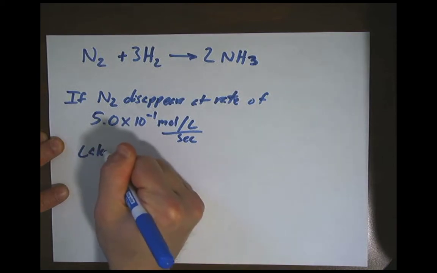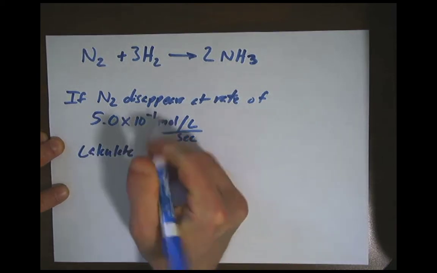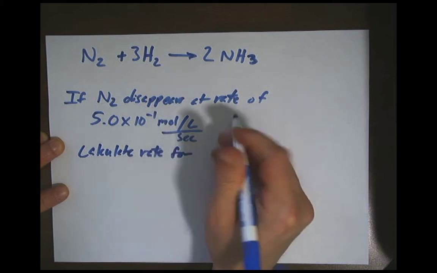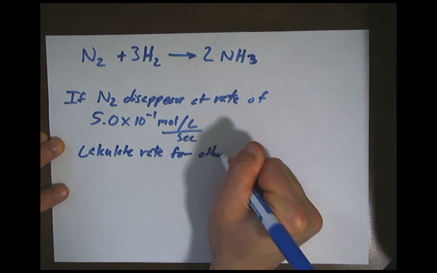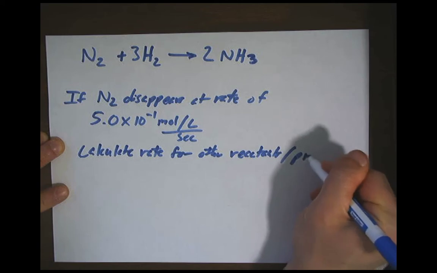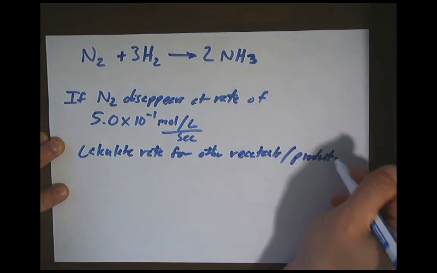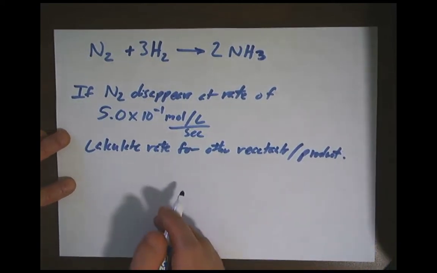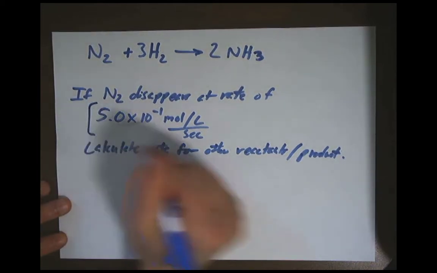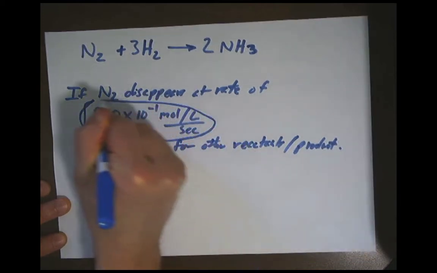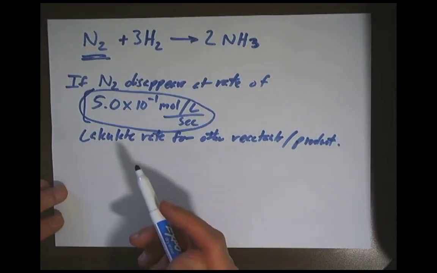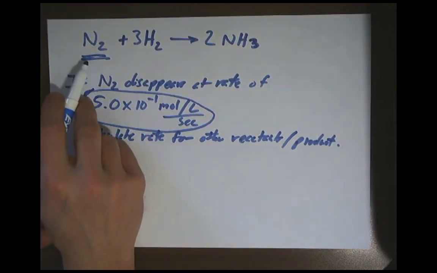We want to calculate the rate of reaction for everything else, for other reactants and the product. Okay. So how would we do that? If we only knew the rate of disappearance of nitrogen. Okay, so we know that rate.